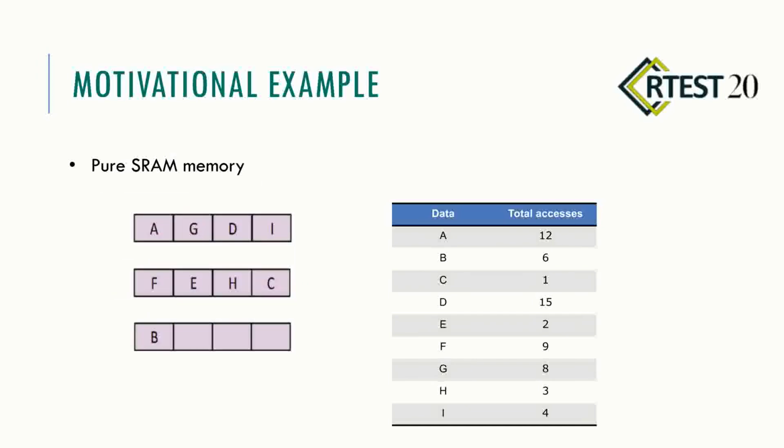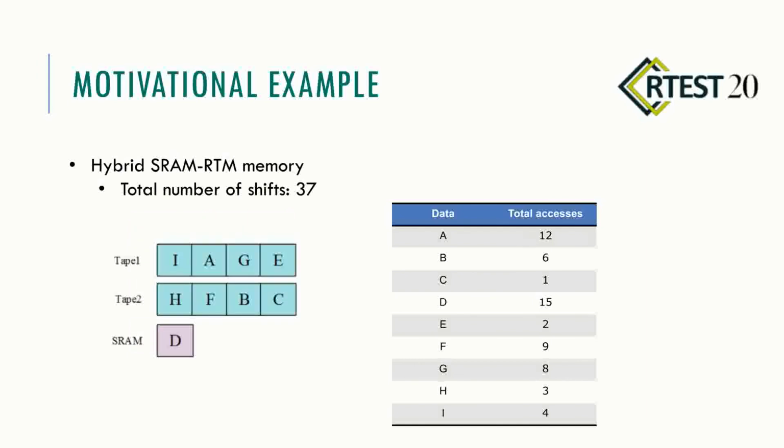We can have a pure SRAM architecture, and we also have a hybrid SRAM RTM memory architecture, and we try to allocate the addresses with the most number of writes in SRAM and the other data on RTM, and we put the data with the most accesses in the middle of each tape to decrease the number of shifts.